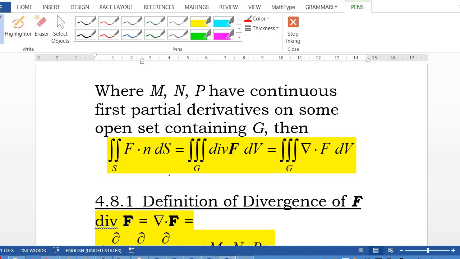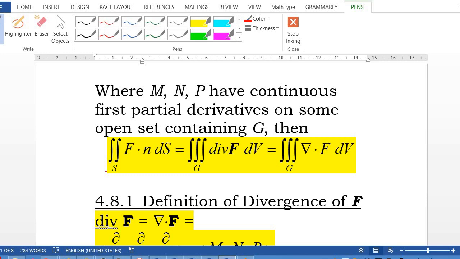Since the surface S is closed, it forms a solid G. Then instead of evaluating your flux integral, for example for a sphere, you would have to divide your surface into upper hemisphere and lower hemisphere. For a cube, you have to divide it into 6 faces. For an upper hemisphere, you have to divide it into the curved surface and the bottom surface, so 2 times.